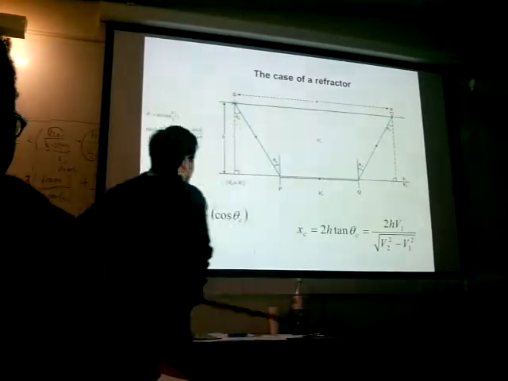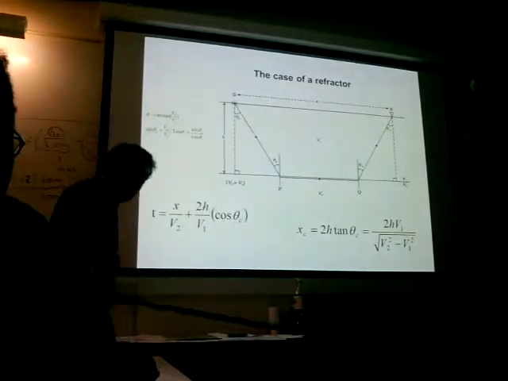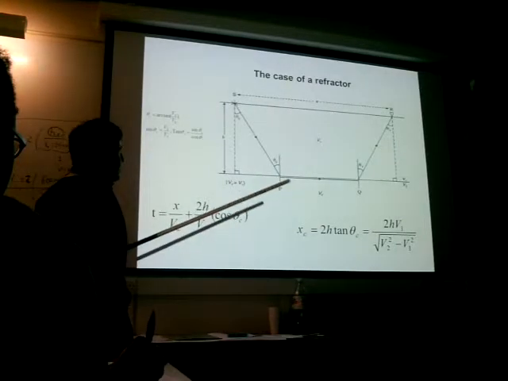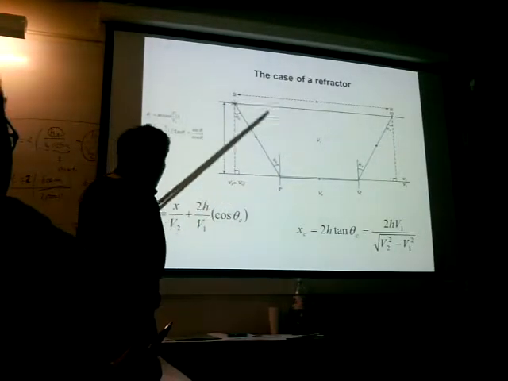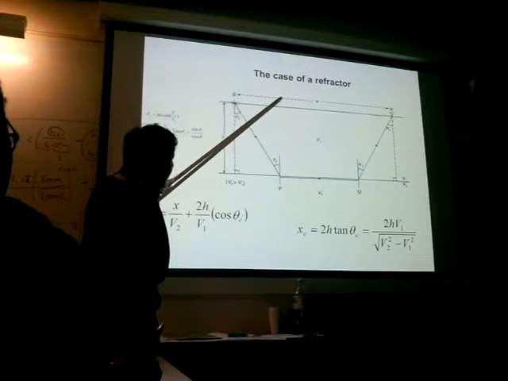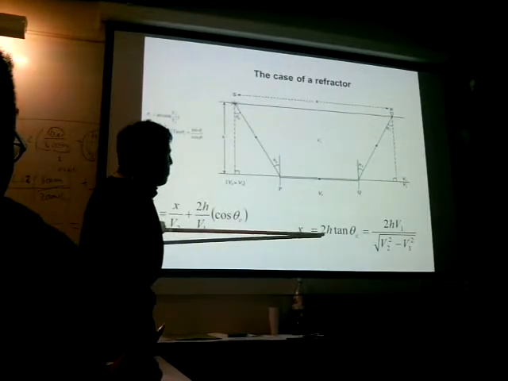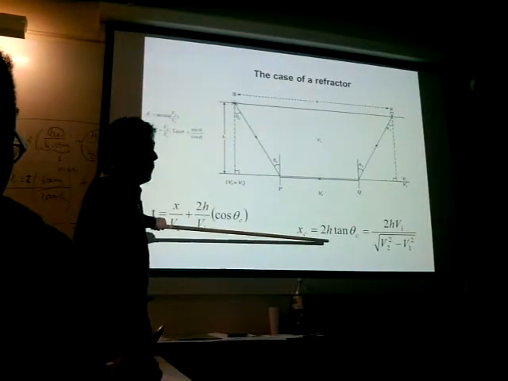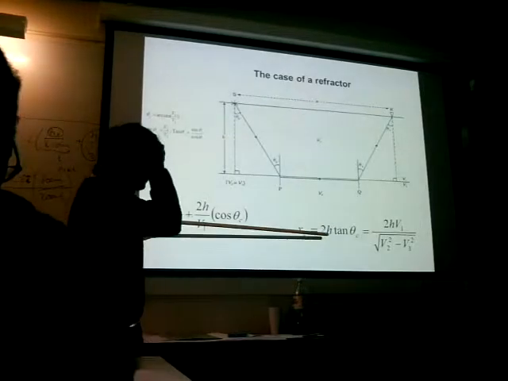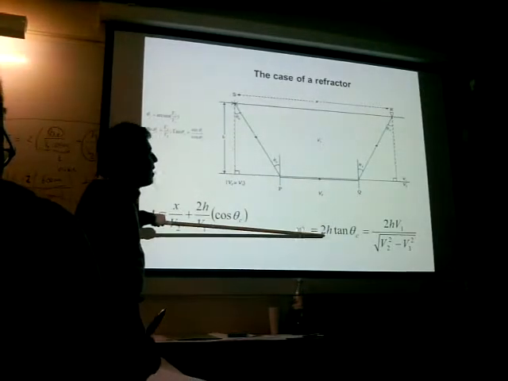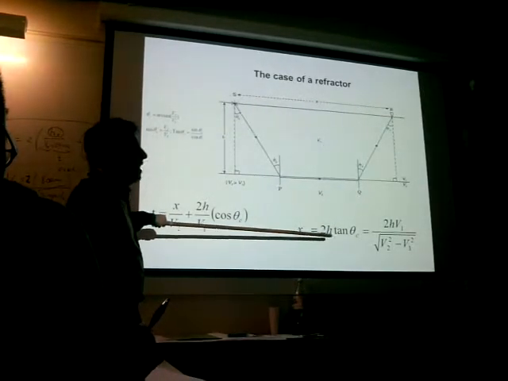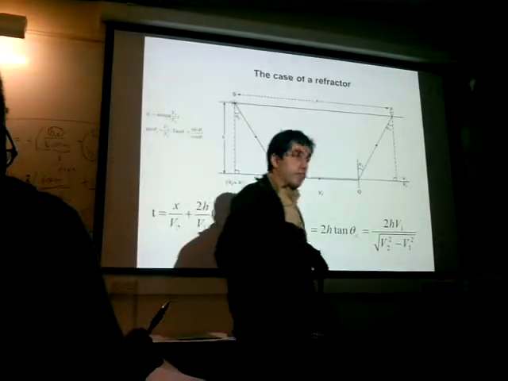Right. It's telling you that in order to produce a refractive angle, you need to wait a certain distance. So all the geophone at the distance below or with the position before that critical angle, they are never going to track any refraction wave.